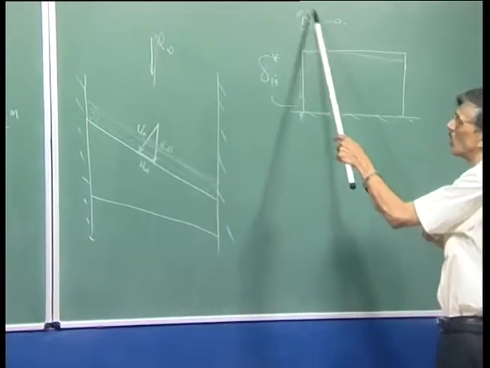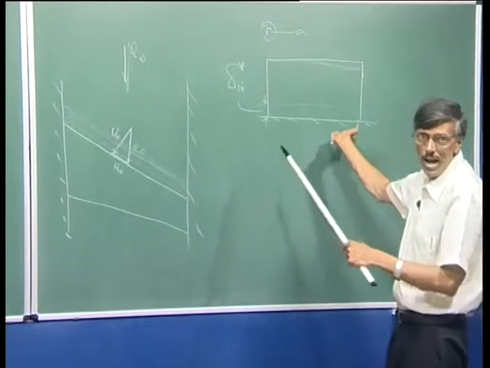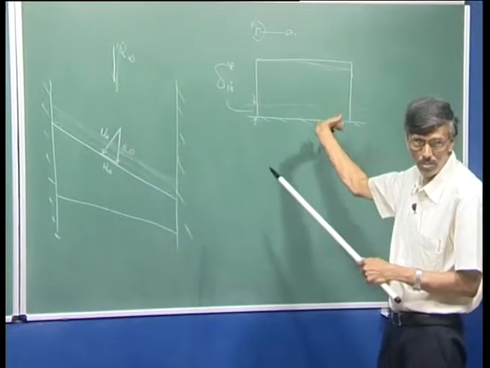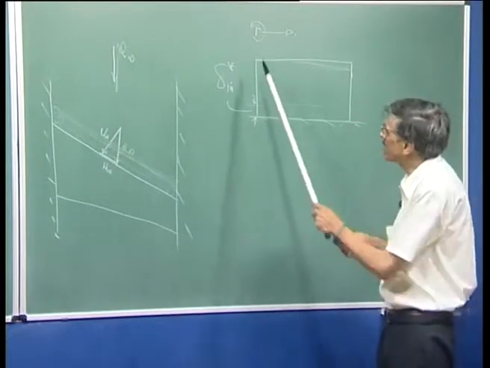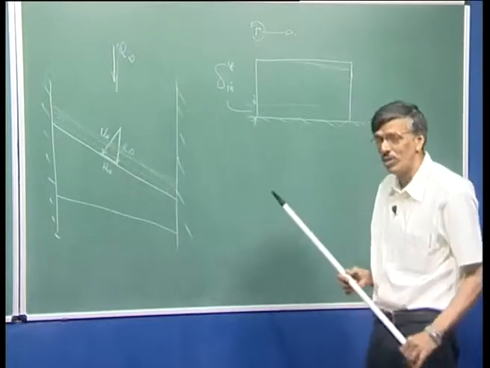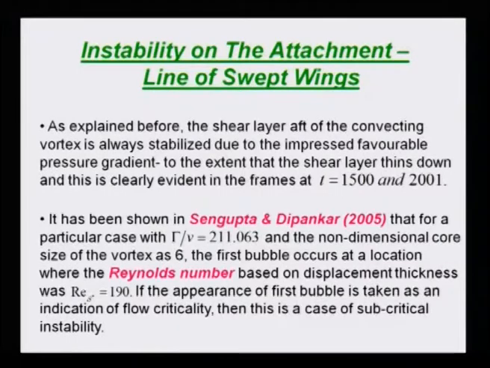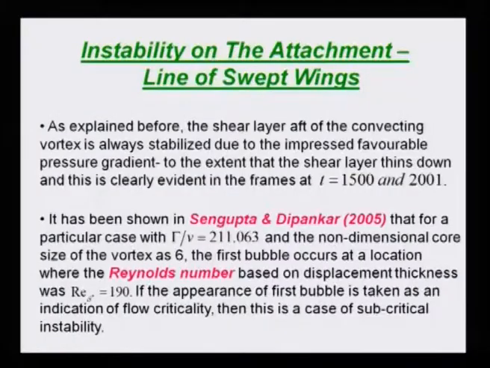Now, we also noticed that such vortices create an adverse pressure gradient. If it is counterclockwise, it creates an adverse pressure gradient ahead, the action of scouring. That is what we explained, right? It tries to lift off the shear layer. At the same time, behind this vortex, what does it do? It tries to push it down. So, what will happen? You will see a kind of a thinning down of the shear layer, and that is what we saw in the last two frames.